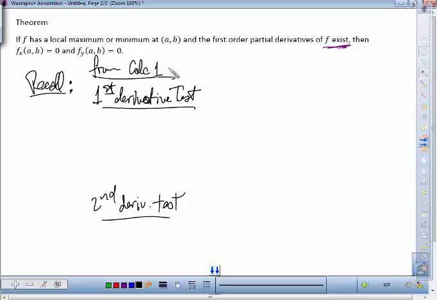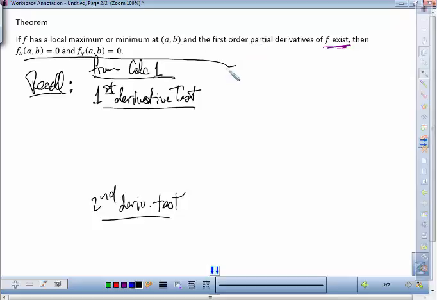What was the first derivative test? You guys remember? Okay, Matt. If I remember correctly, first derivative test involves us setting each of the first derivatives equal to 0. Well, let's not worry about the partials.